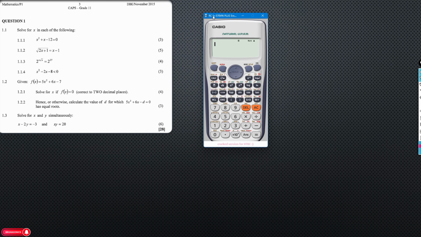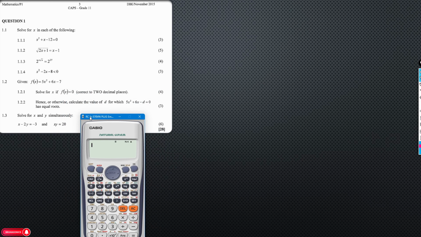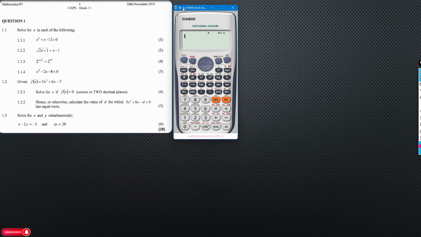Now we have to move to another question that says: given the function, solve for x if f of x is equal to 0, correct to 2 decimal places. Meaning that for our x values, we are going to get values with decimal numbers.